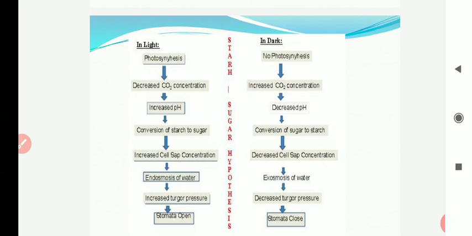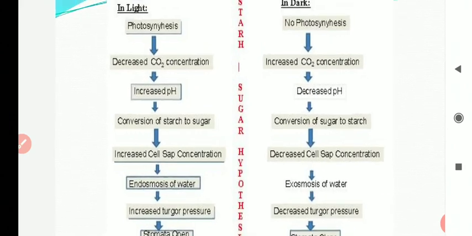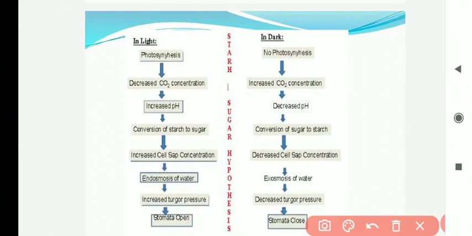In this pH, the starch is converted into sugar and increases the cell sap concentration, due to which endosmosis happens, meaning water comes from nearby epidermal cells into the guard cells, and the turgor pressure of guard cells increases. As turgor pressure increases, it exerts pressure on outer thin elastic walls of guard cells, and the kidney shaped guard cells get stretched, so that stomata get open.